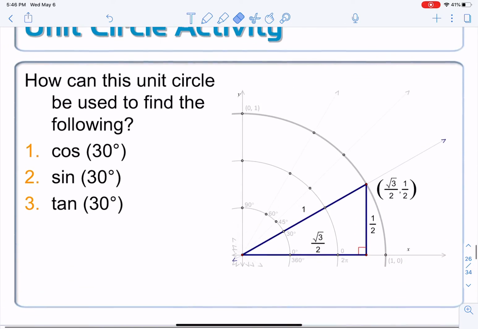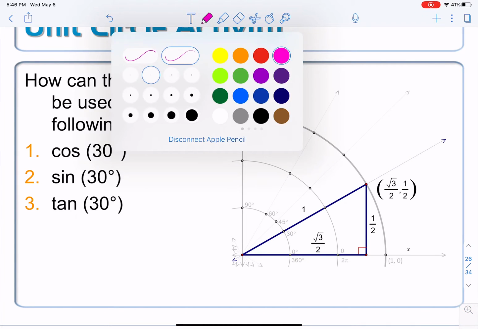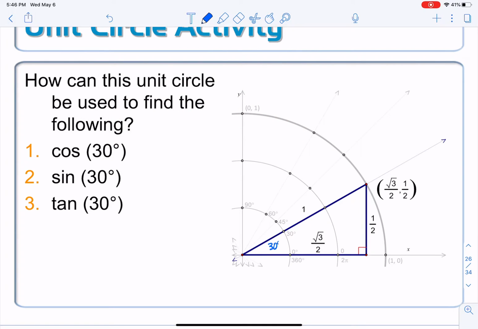Here we go. So in order to find sine, cosine, and tangent as we've defined it, we need a right triangle, which we have. We need an acute angle, and our acute angle is the 30 degrees that's in here. And then we need to label our sides in reference to that 30-degree angle. The 1/2 here is our opposite side. The square root of 3 over 2 is the adjacent side, and then the hypotenuse is 1.